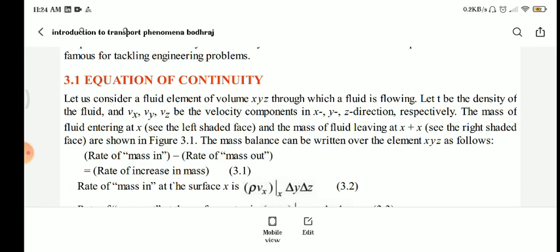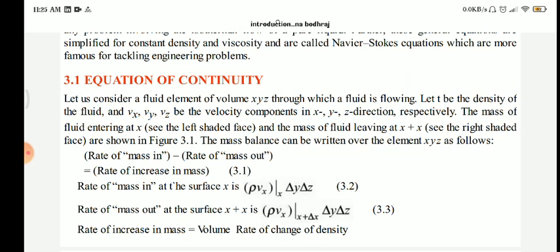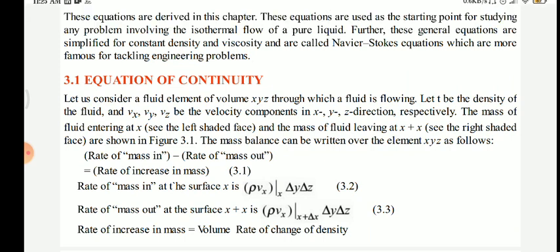Particularly, we are considering a three-directional velocity profile in the x, y, and z direction. At that point, we consider the rate of mass in at a point x, with a thickness of delta x, and at the end of the thickness, x plus delta x, we find the velocity profile.